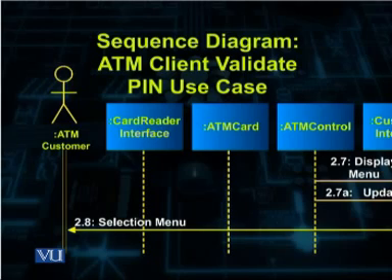Number 2 is the query account option. And number 3 is the transfer funds option. From there, the customer can select any one of them, or cancel for that matter, and take the card and leave. But in normal procedure, the customer would like to perform a transaction of one of the three types.